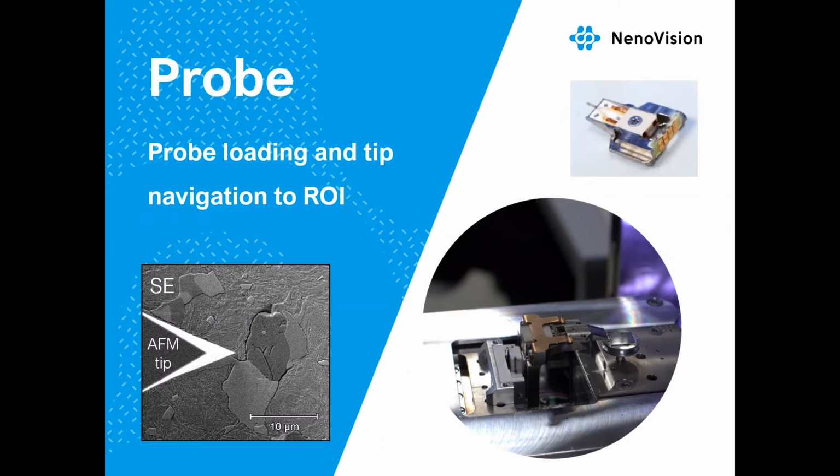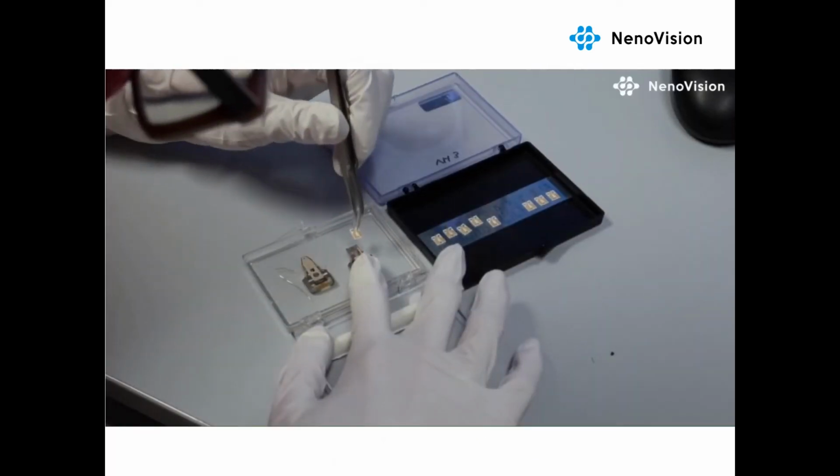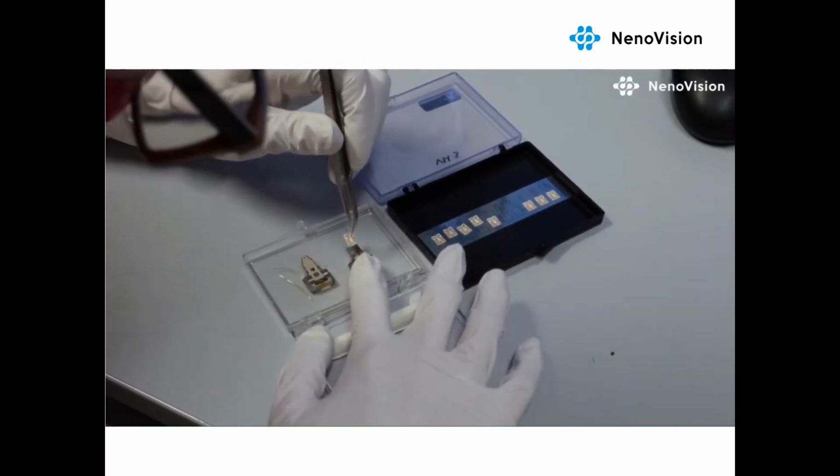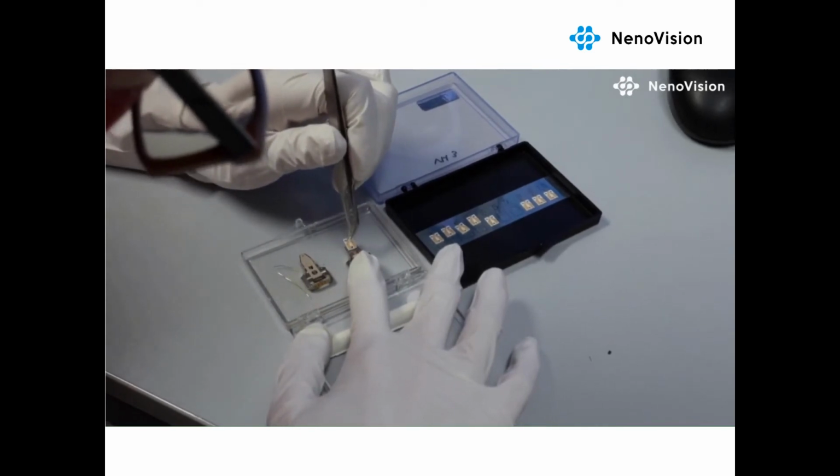Let's get back to our measurement. As we have chosen Akiyama layout, we are going to load the commercial Akiyama probe and navigate it to the area of interest. We place the probe into a probe holder using tweezers.